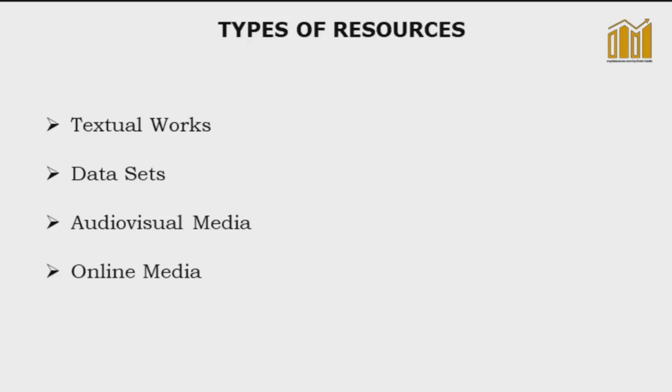Items in this category usually include periodicals, items published on a regular, reoccurring basis, such as magazines, newspaper, and journals, books and electronic books, reference works such as dictionaries, encyclopedias, etc., reports such as annual reports of government agencies, and reports filed by the financial institutions, and so on, grey literature, press releases, code of ethics, and so on, conference sessions, presentations, dissertations, and thesis. These all fall under the textual works.